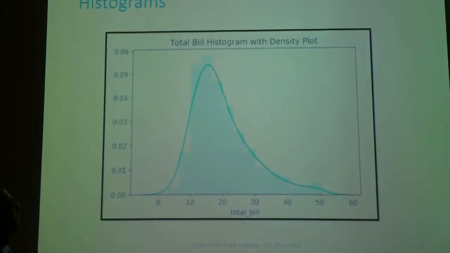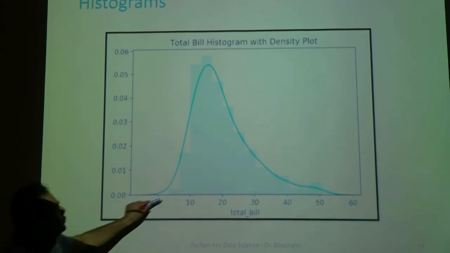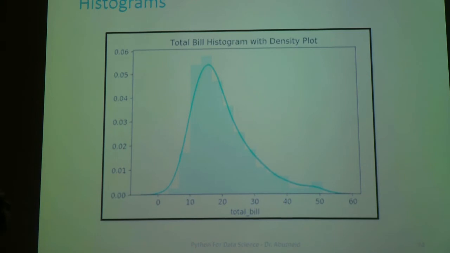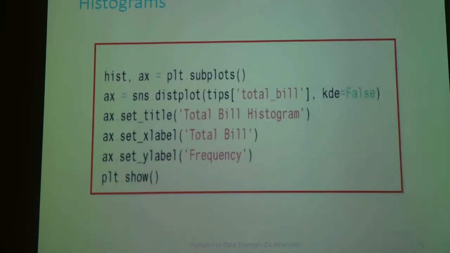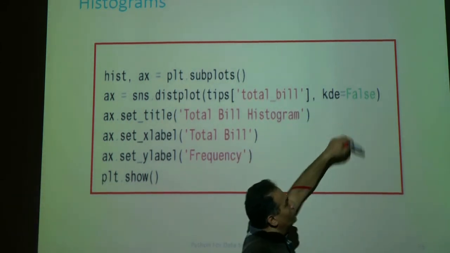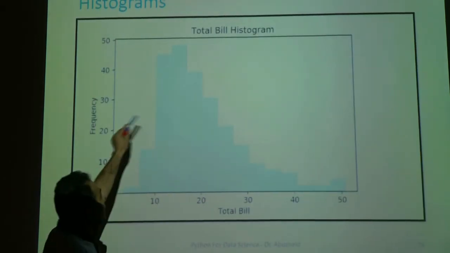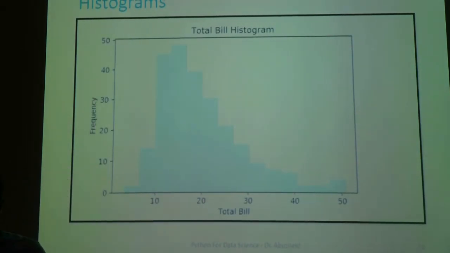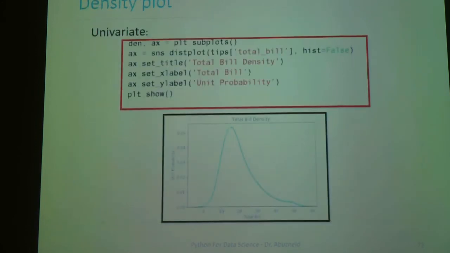It will be like this. So this will include the histogram and the density plot. If you would like to remove the density plot, all you have to do is add kde=False, and this will give you the histogram without the density plot. That is the plot. All right.